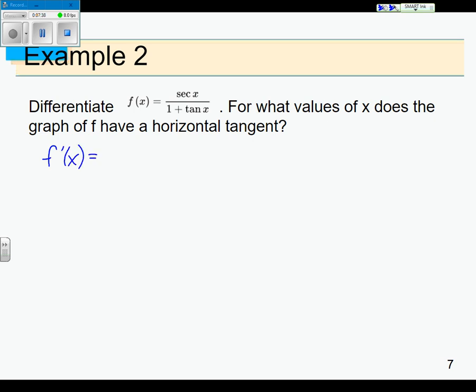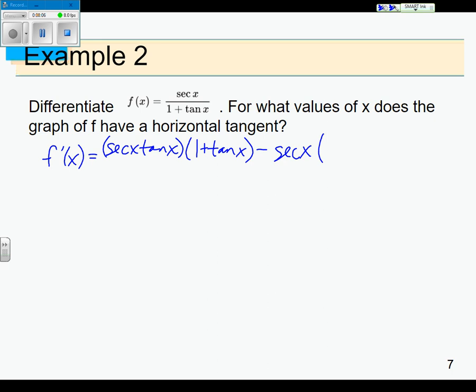I have a quotient, so I'm going to take the derivative of the top, and so the derivative of secant x is secant x tangent x. That's secant x times tangent x. I'm just not saying the times in there. I'm getting kind of lazy. So the derivative of the top times the bottom minus the top times the derivative of the bottom, derivative of 1 plus tangent x.